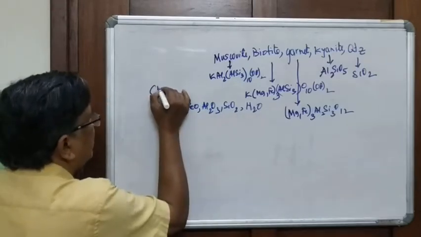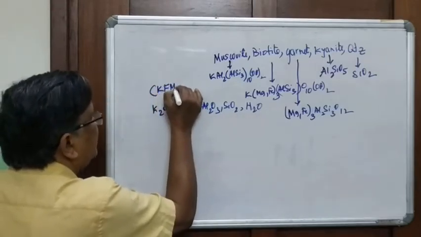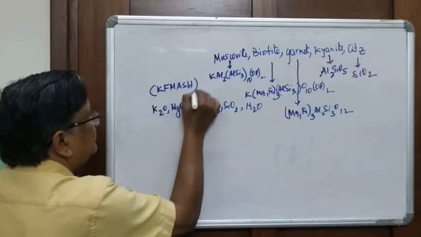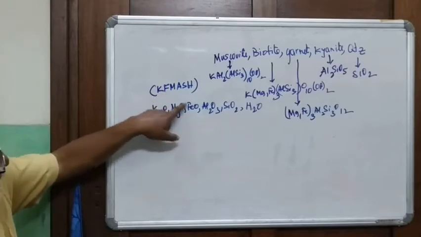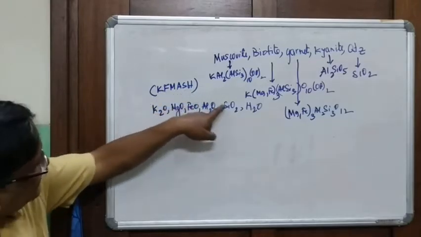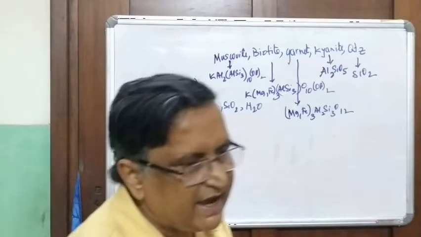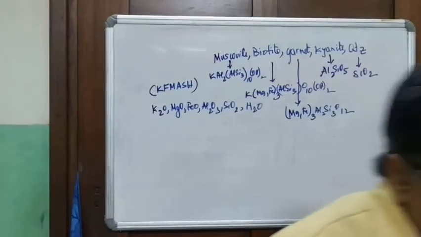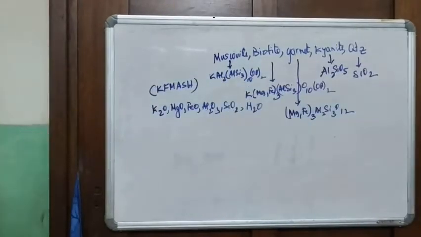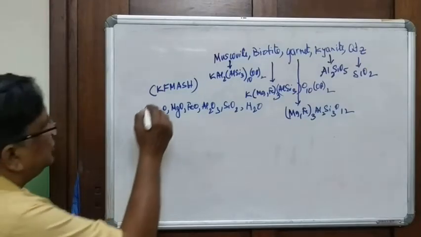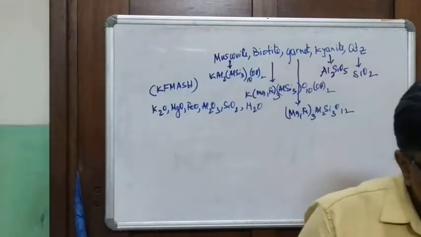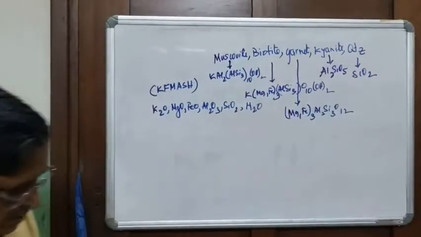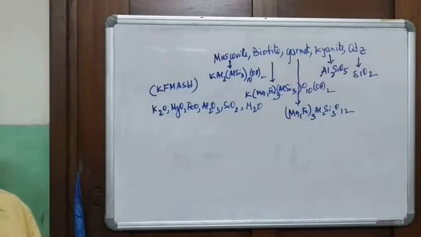This is called the famous KFMASH system. So this is a 1, 2, 3, 4, 5, 6 component system. A 6 component system.